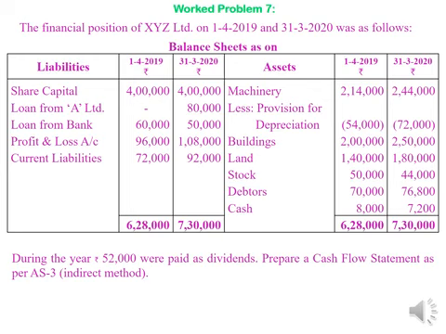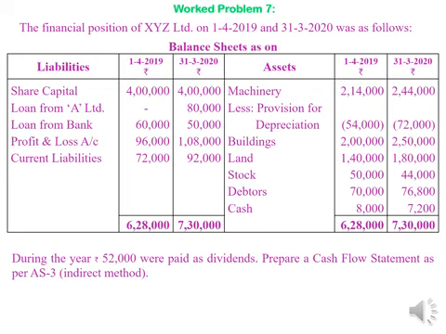As for cash, we are preparing a cash flow statement to know the reasons for the difference in cash position. Therefore, it will be taken directly in the cash flow statement. You should not consider it while determining cash flow from operating activities. We have to find the reasons for decrease in cash from 8,000 to 7,200.